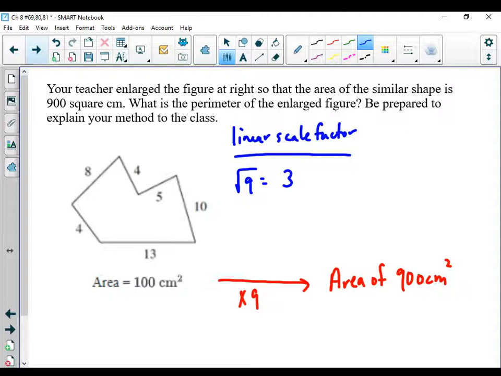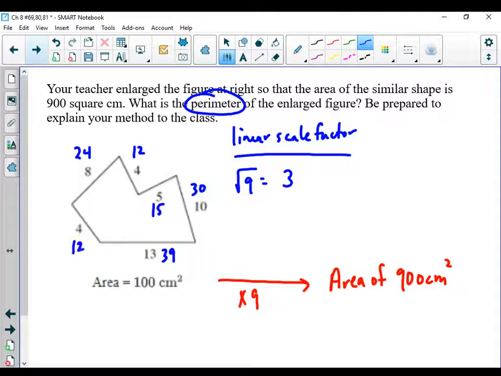What am I going to do with that? Well, they said they wanted to know the perimeter. So that means I've got to take each of those sides and I need to multiply them by 3. So my new figure, I'm going to have, instead of 8, I'm going to have 24. Instead of 4, I'm going to have 12, 15, 30, 39, and 12.